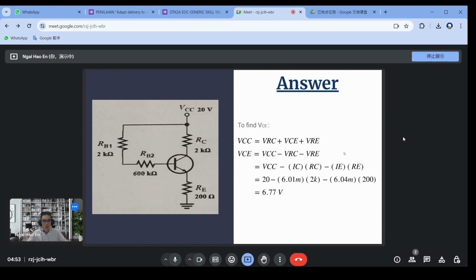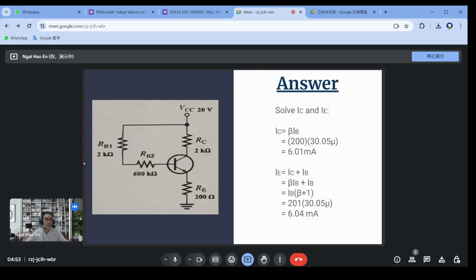Then we can use this equation, VCE equal to VCC minus VRC minus VRE. We can change VRC into IC times RC and VRE into IE times RE, and substitute the values we found just now.